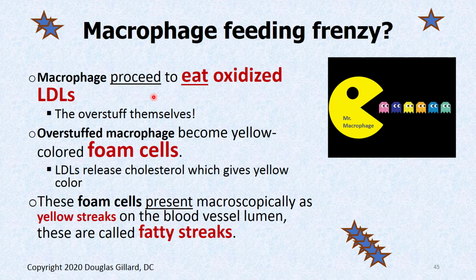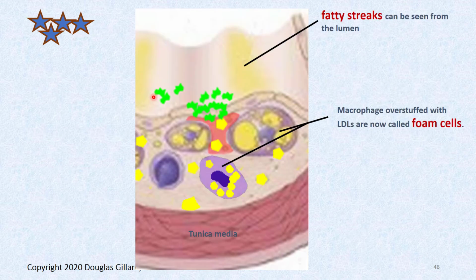You can even see these if you put a camera inside the blood vessel, like inside the aorta, of someone who has this. You can see these foam cells because they're yellow, and you can see them through the artery, and they give rise to these fatty streaks like this. Here's a fatty streak here.